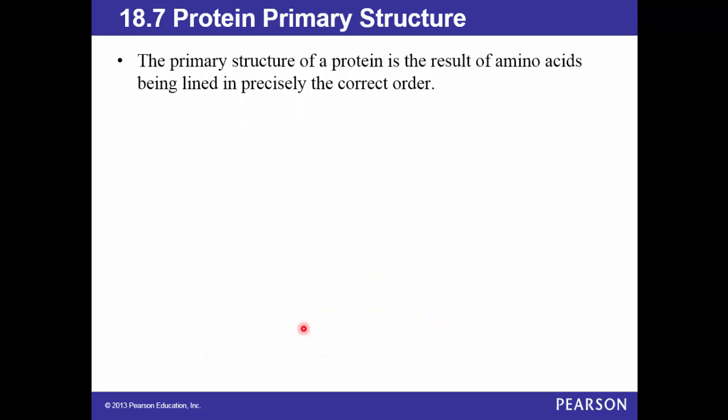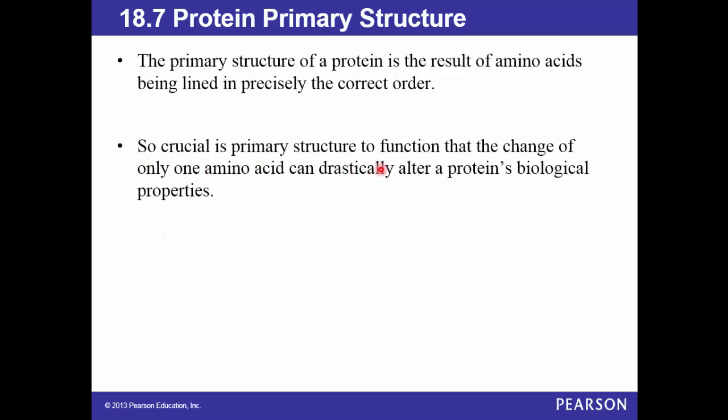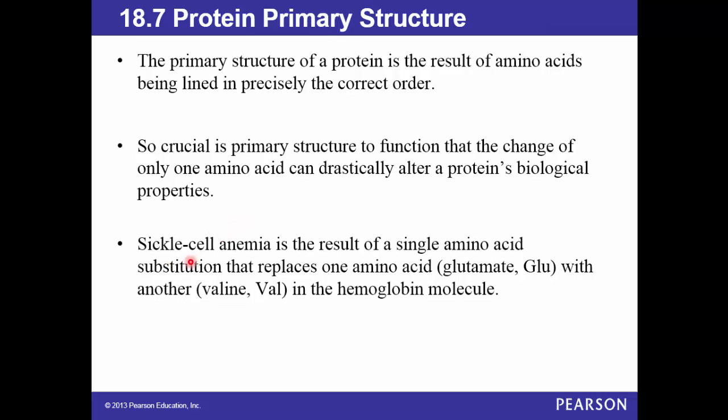The primary structure of a protein is the result of amino acids being lined up in precisely the correct order. So crucial is primary structure to function that the change of only one amino acid can drastically change a protein's biological property, as in sickle cell anemia, which is the result of only one amino acid substitution in the beta chain of hemoglobin.